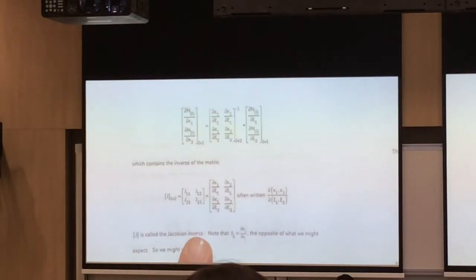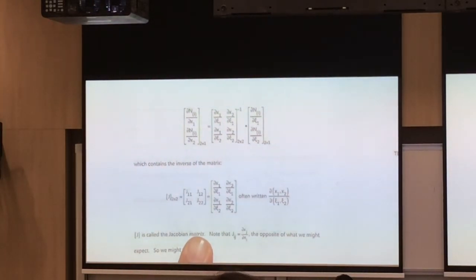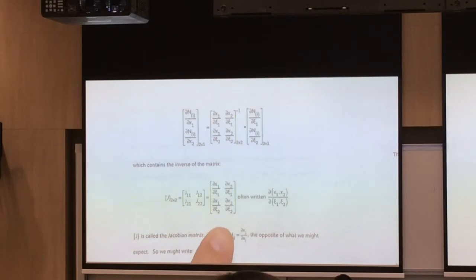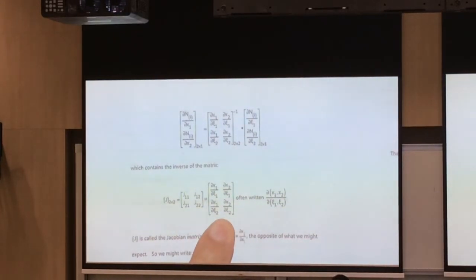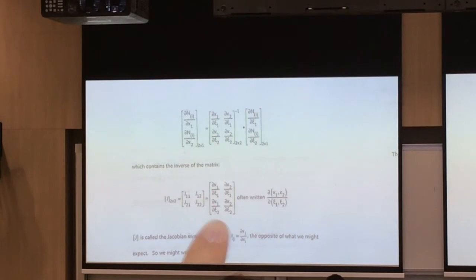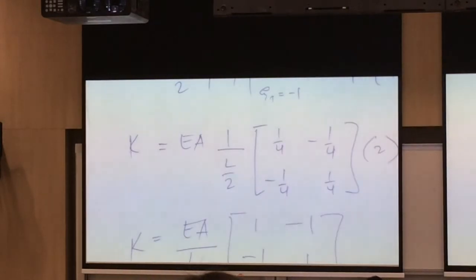It's a matrix. So it's not just a single value. It's a matrix. Yes? So that's how your Jacobian will look like. So, what's important to know?